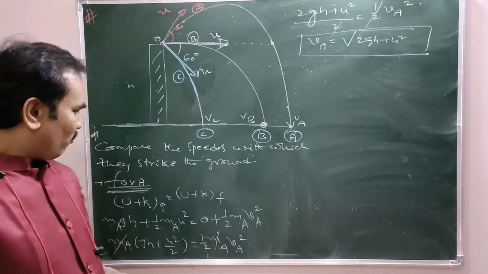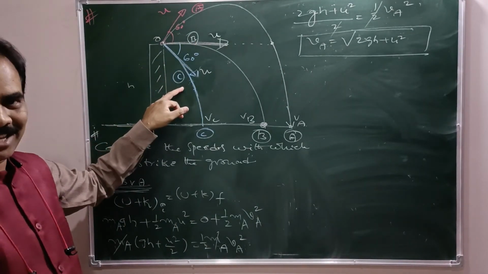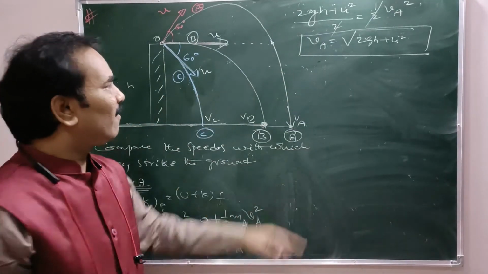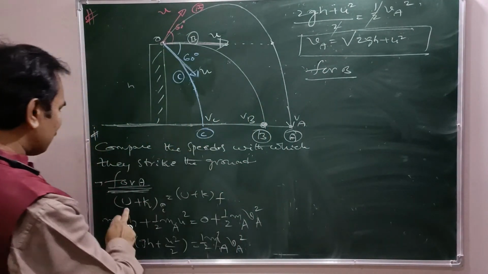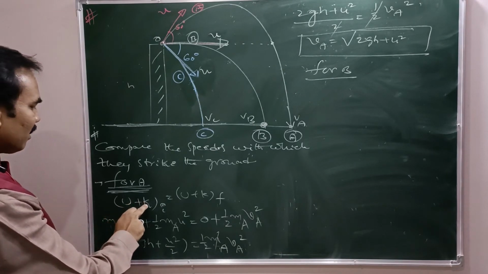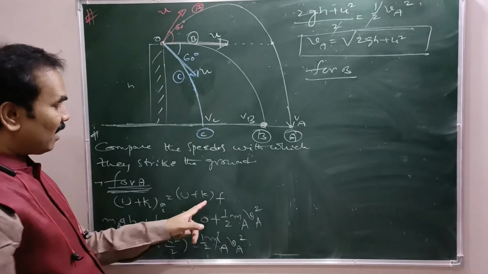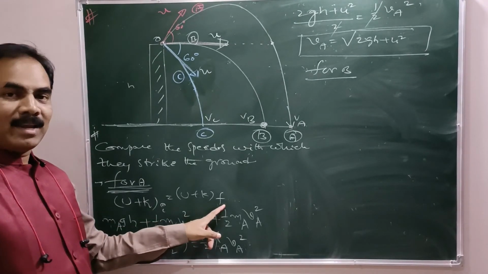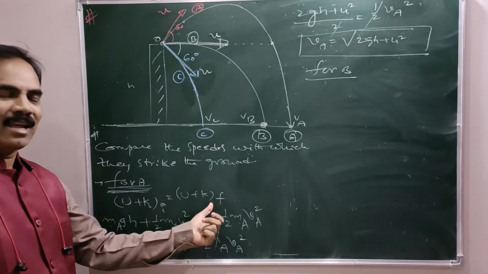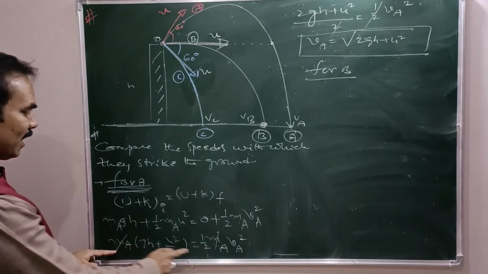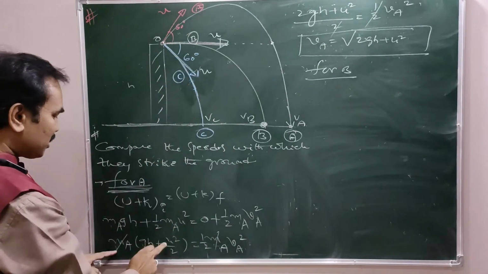Of course, if you do it like this, even for the second projectile B and the third projectile C, you will get the same result. For B, the sum of potential energy and kinetic energy at the point of projection equals the sum of potential energy and kinetic energy when it strikes the ground. So initial mechanical energy equals final mechanical energy. Here mB is common. The initial velocity for B is also U only.